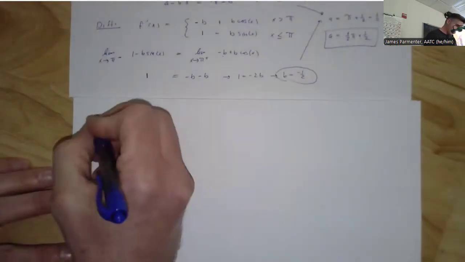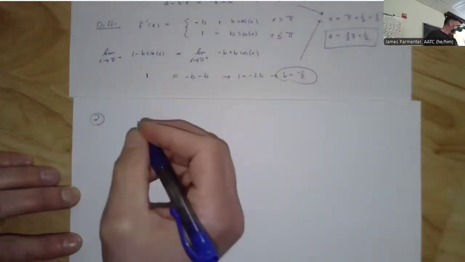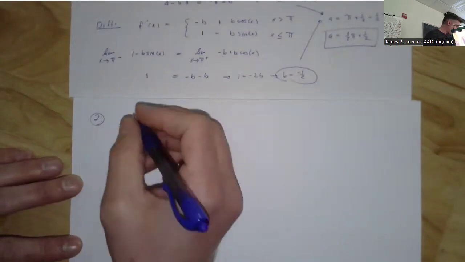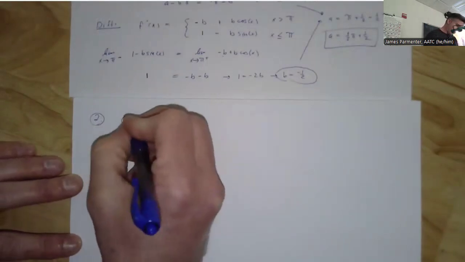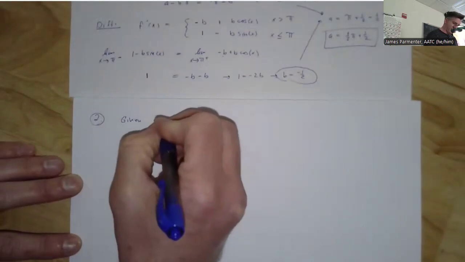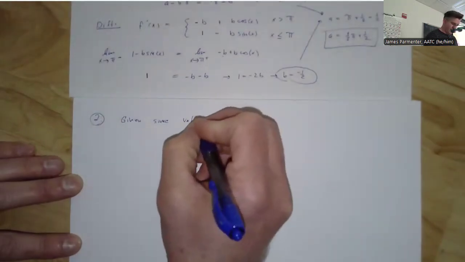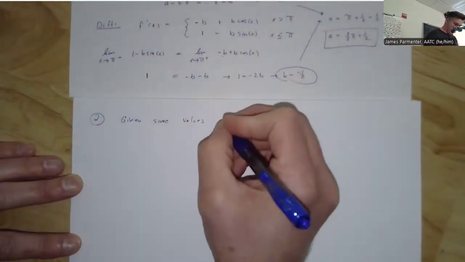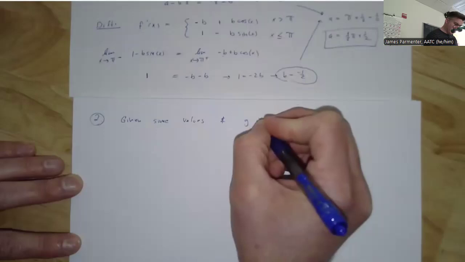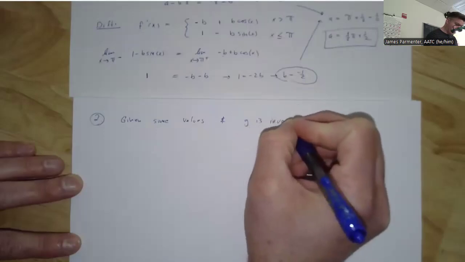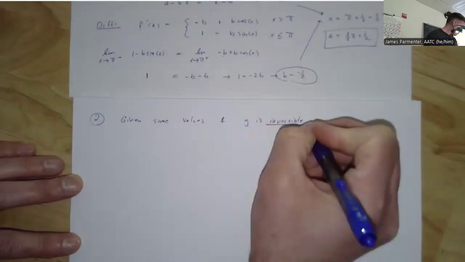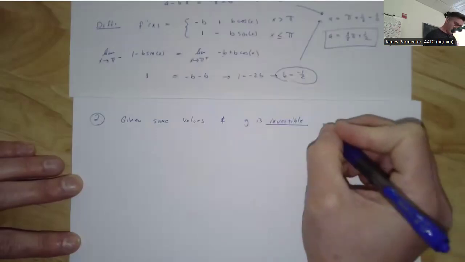Number 2 is one of the ones I actually wanted to make sure I looked at. So given the following table of values, which I might write them all down, and the fact that g is invertible, evaluate the given derivatives.